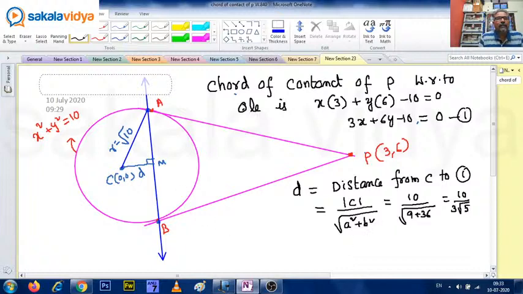So now we need to find AB, from here to here.